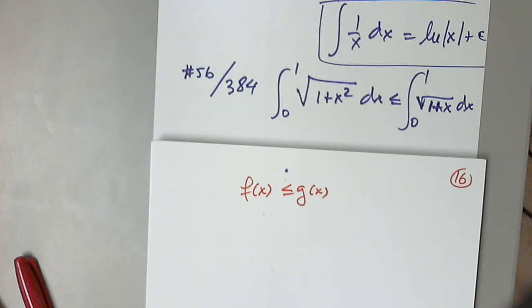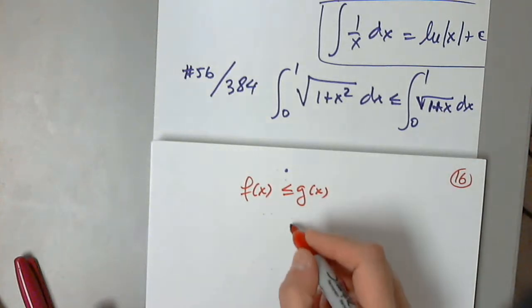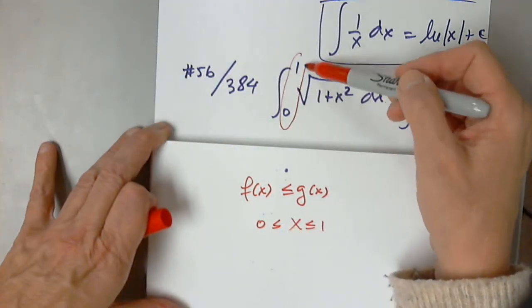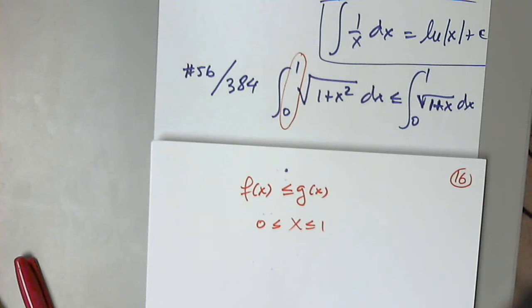That's one of the properties we looked at a minute ago, right? So then what I have to do is just start with x. I'm specifically told x is between 0 and 1.